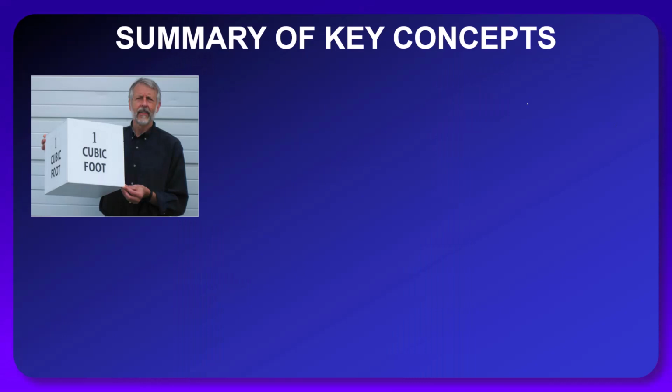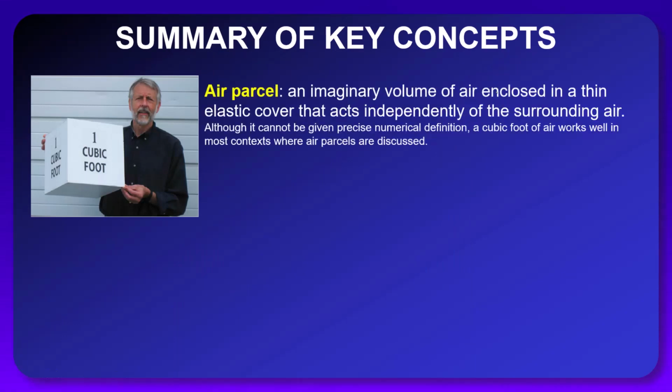So we will be working with air parcels. An air parcel is an imaginary volume of air that is enclosed in a thin elastic cover that acts independently of the surrounding air. Independently is important. It means that as the air parcel moves through the atmosphere, it is not affected by what is happening outside the atmosphere in terms of moisture content and temperature.